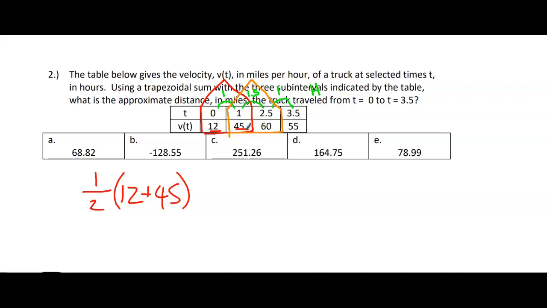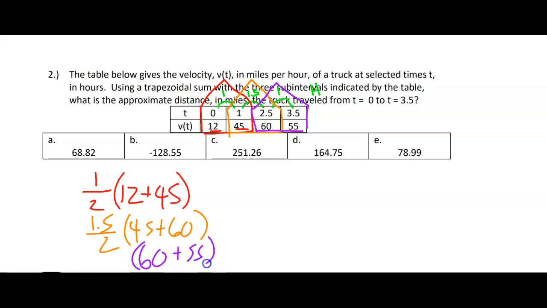And so that one's going to be 45 and 60 multiplied by that height, which is 1.5 over 2. And the next trapezoid will be the last 2 bases, which are 60 and 55 multiplied by that height over 2.